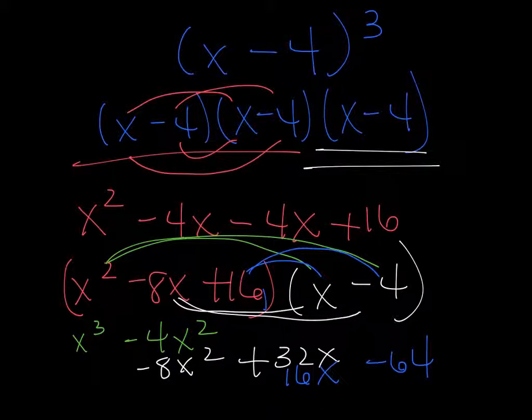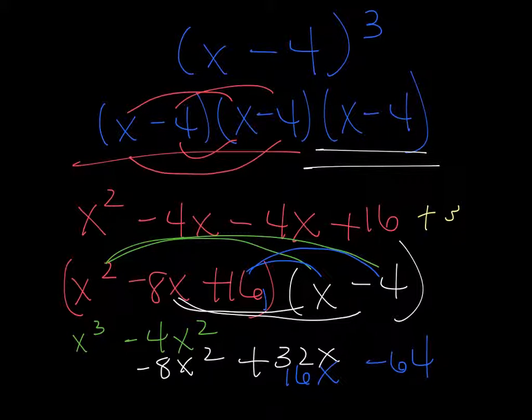Now you got to remember, you got to combine all of these together to get your final answer. So, when I do that, x cubed has nothing with it, so I have x cubed. I'm having to write on the side here because I ran out of room. So x cubed, negative 4x squared, and negative 8x squared, they're all negative.